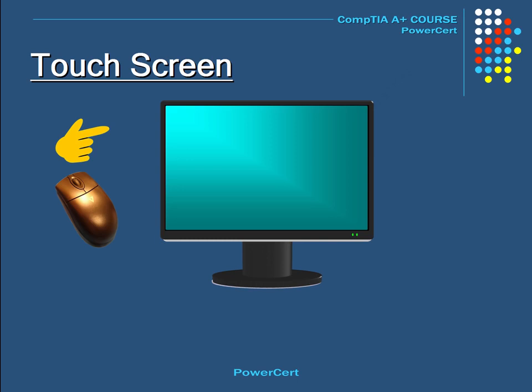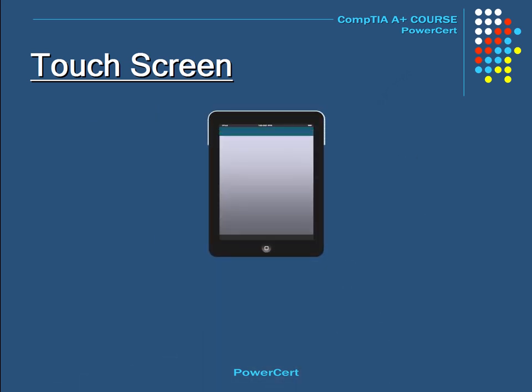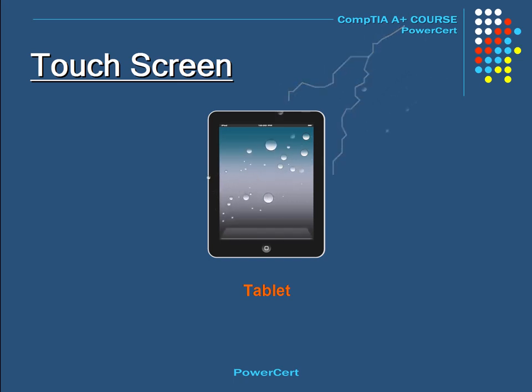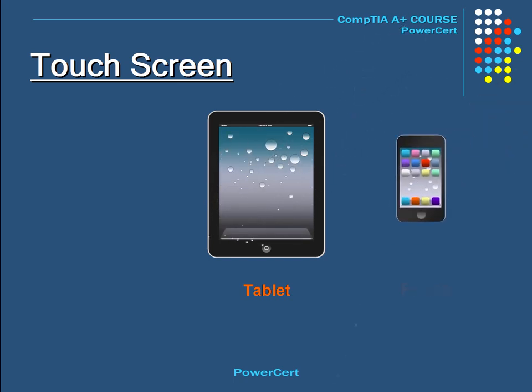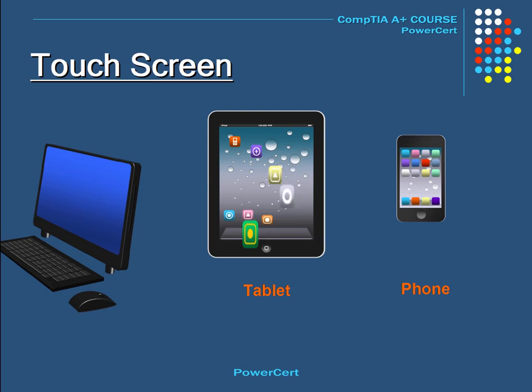Typically, 1 click on the mouse button equals 1 tap by a finger, and 2 clicks of the mouse equals 2 taps by your finger. Touchscreens are commonly used in all-in-one computers and tablets, such as the iPad, and they are also used on certain phones with touchscreen technology.